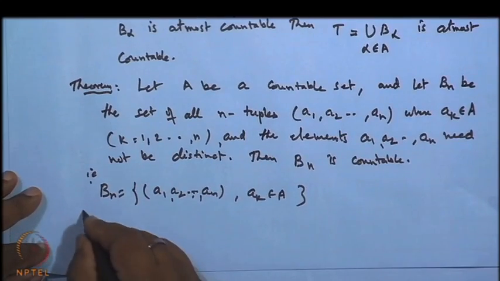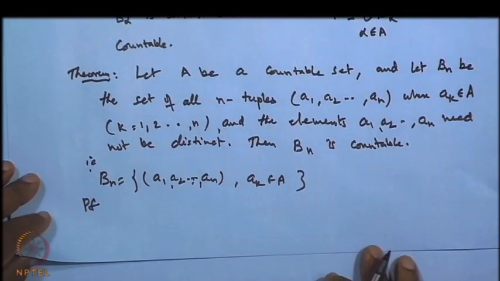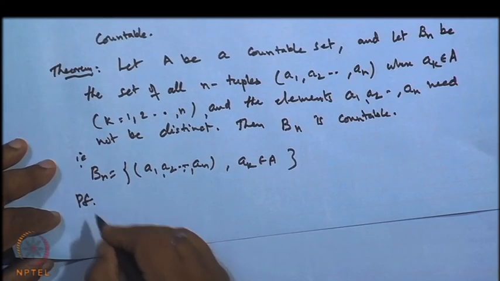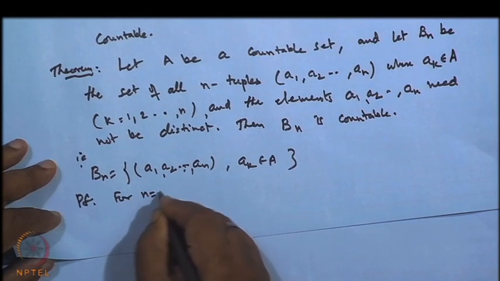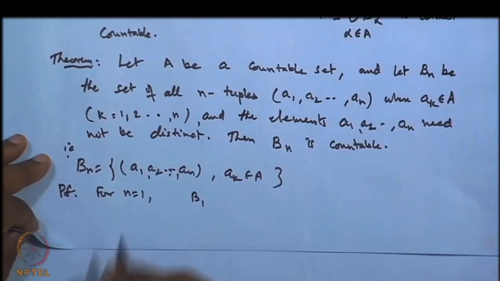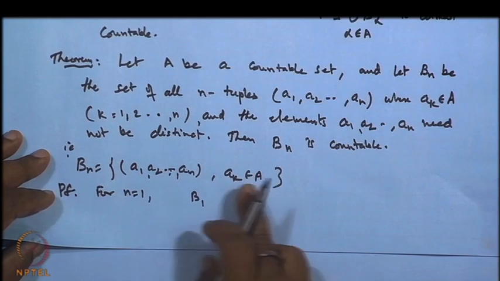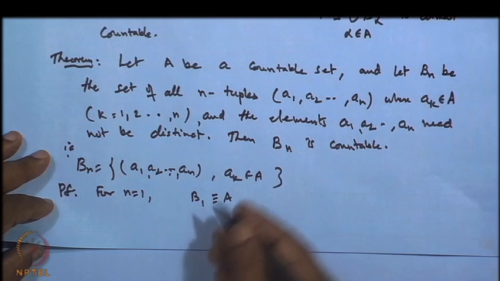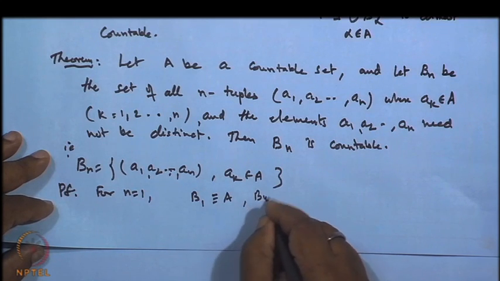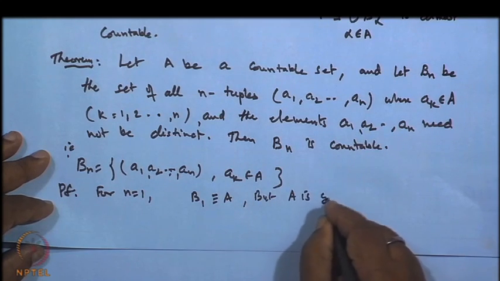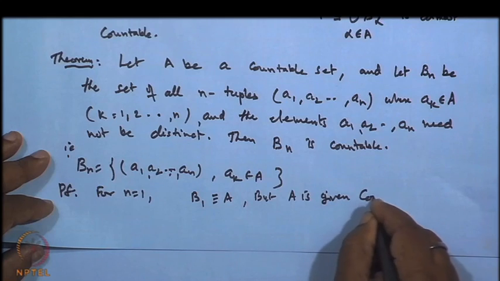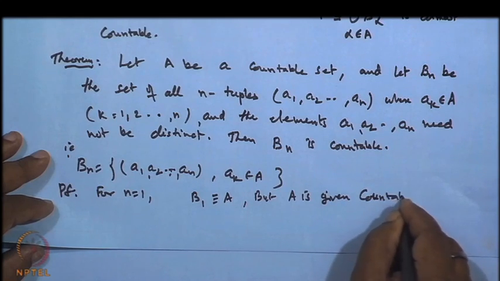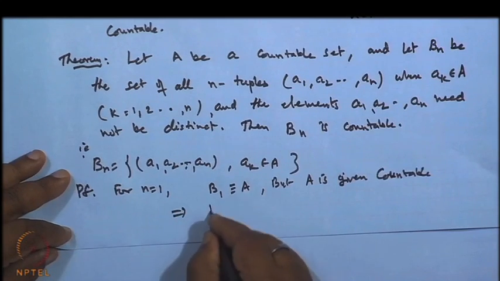This will be proved by induction. So, what is our B_1? For n equal to 1, B_1 is basically only the single element a_1. It means B_1 coincides with A, but A is given countable. So, this implies that B_1 is countable.